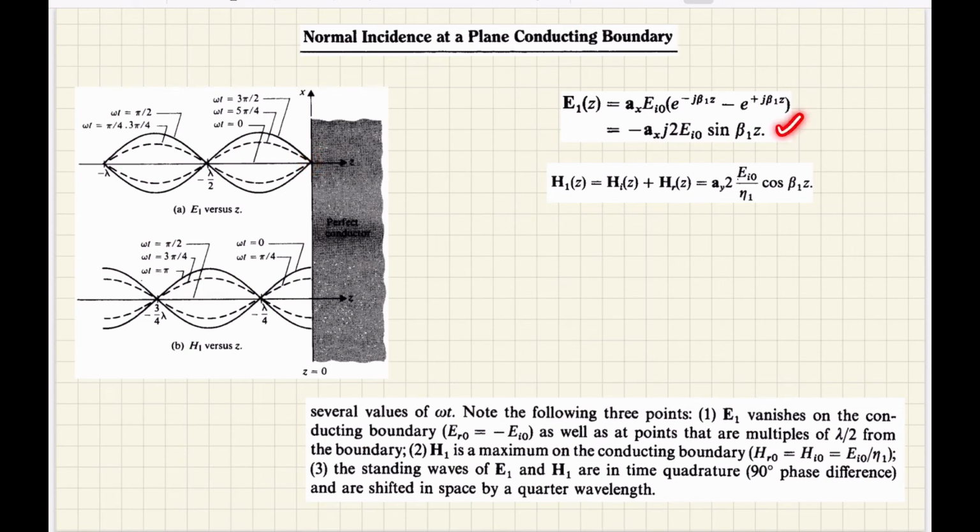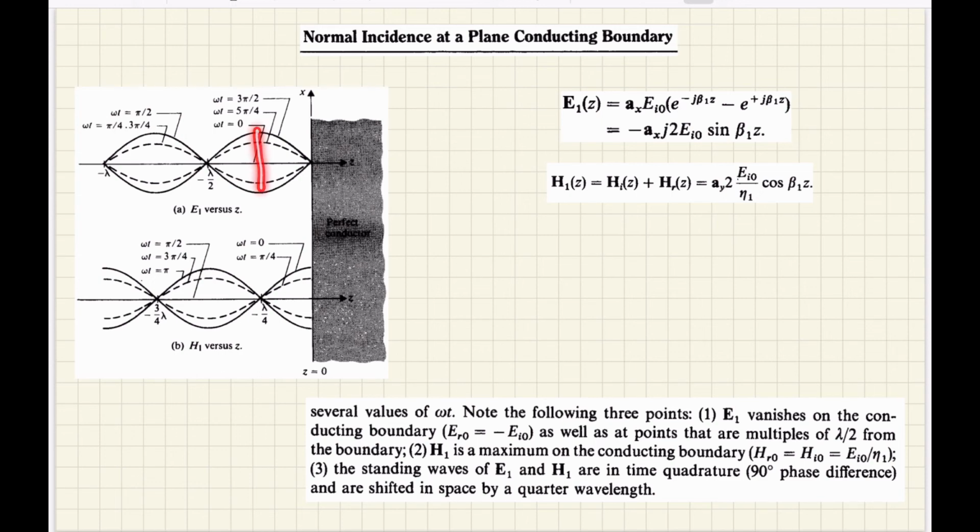You can find the locations of minima and maxima using this expression. This is very simple to calculate, because sin theta becomes maximum at odd integer multiples of pi by 2, and it is 0 when it is an integer multiple of pi including 0.